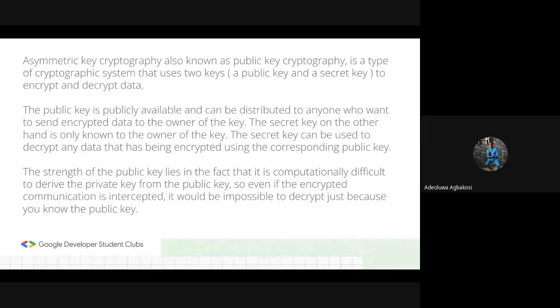That public key is known by a bunch of people, almost everybody's allowed to know my public key. But it's computationally difficult to derive the private key from the public key. So even if you know the public key, it will be almost impossible for you to decrypt the communication.